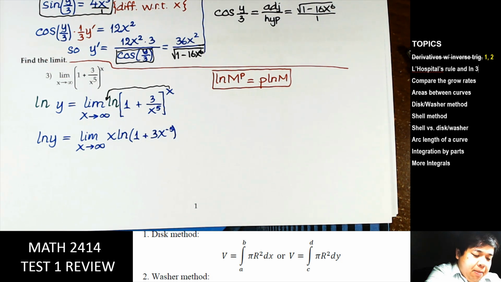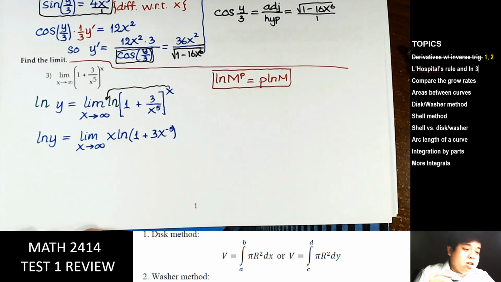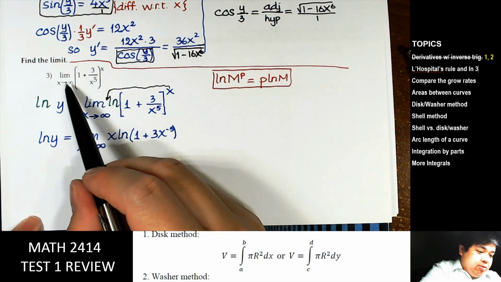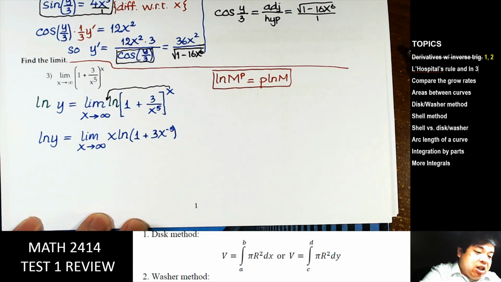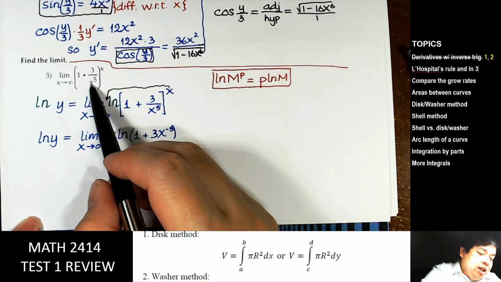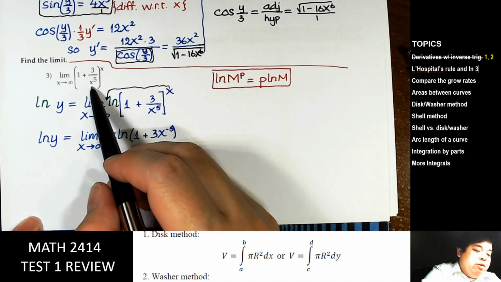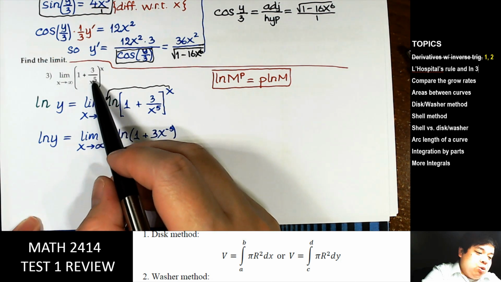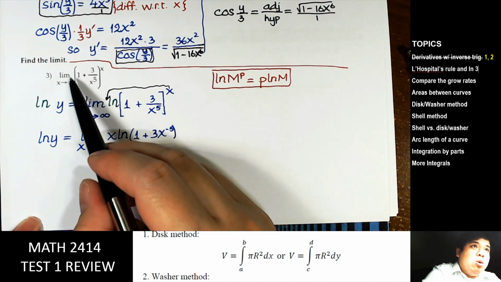Actually, for this problem, the first thing we need to do is put in the limit and see if we have the indeterminate form. That should be the first thing. So put infinity in here, 3 over infinity to the 5th. So that one goes to 0. So the whole thing here goes to 1.